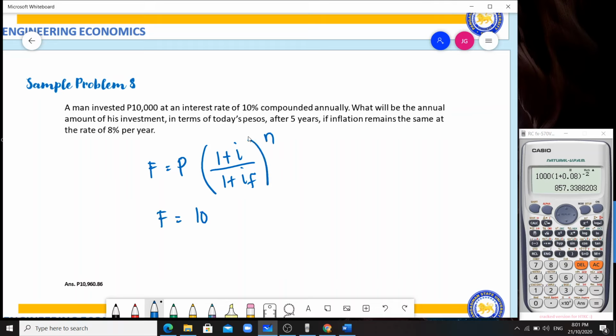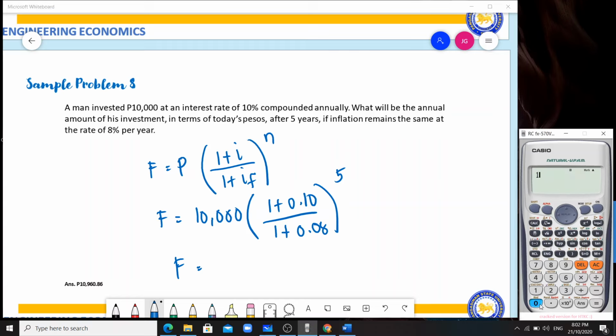So, nag-invest siya ng 10,000 ngayon, magko-compound siya annually ng 10%, pero may inflation rate kasi na 8%. Raised to 5 years, magkano na ang kinita ni 10,000 pesos?